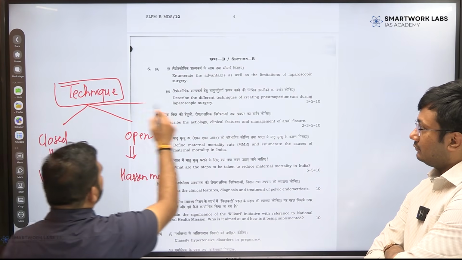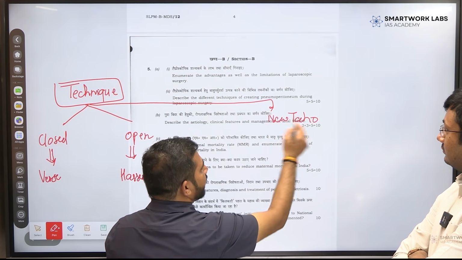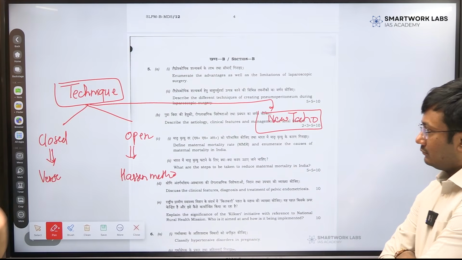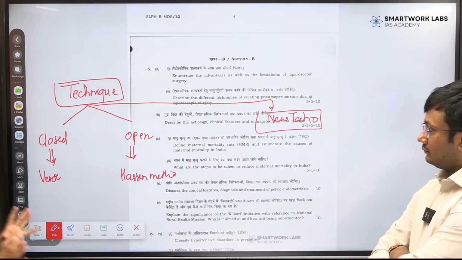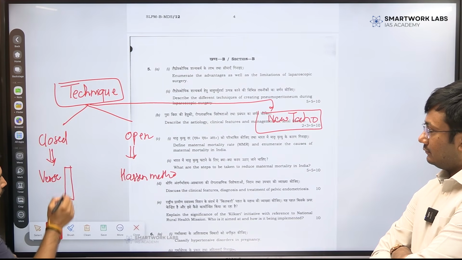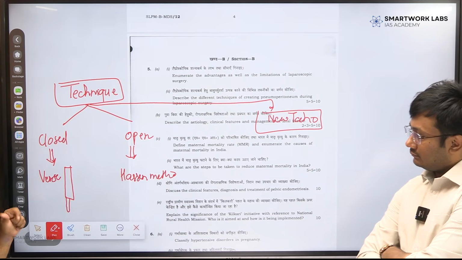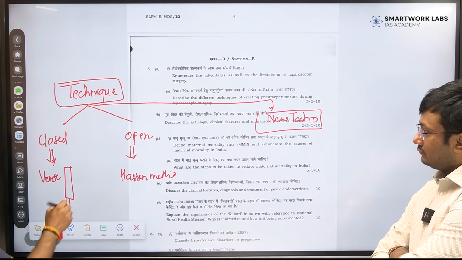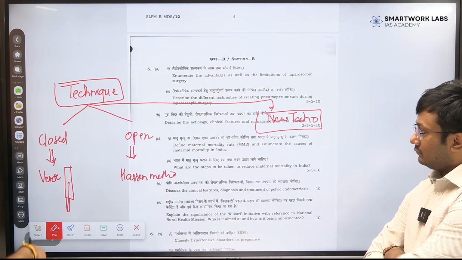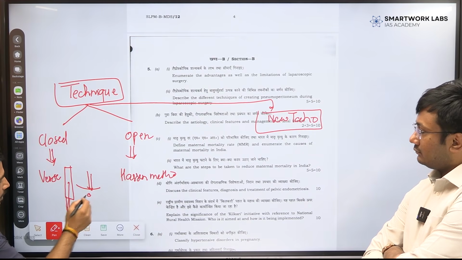Now here you can add one more word, new technology. If new technology is coming anywhere, you can use it. I will tell you about that in the second part. In closed technique, there is a needle known as a Veress needle and it has a tip. This tip has a very unique character, that it will go inside when more pressure is applied. So you just insert a needle in the umbilical region.